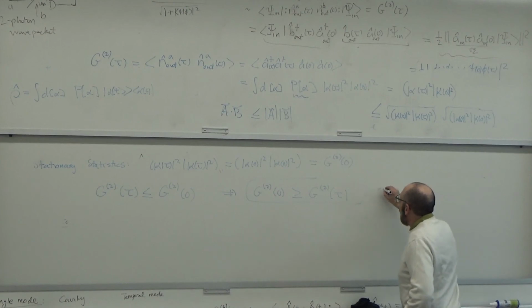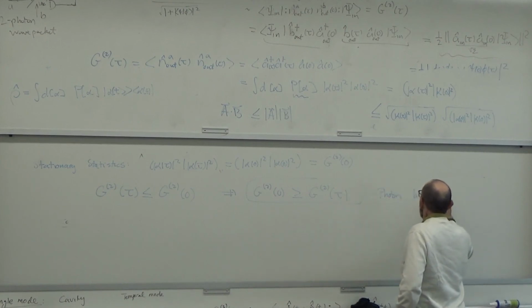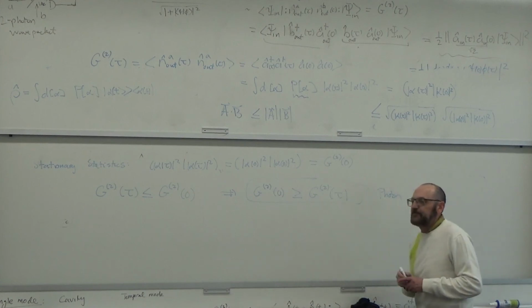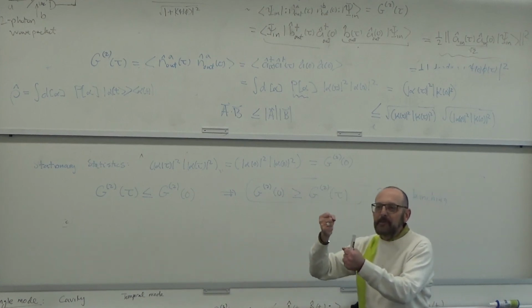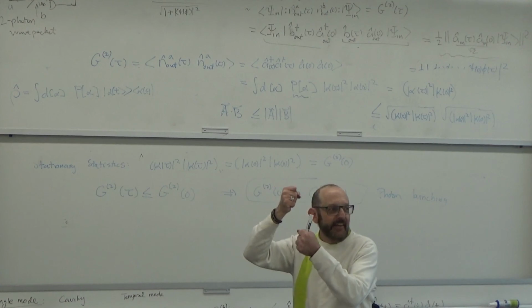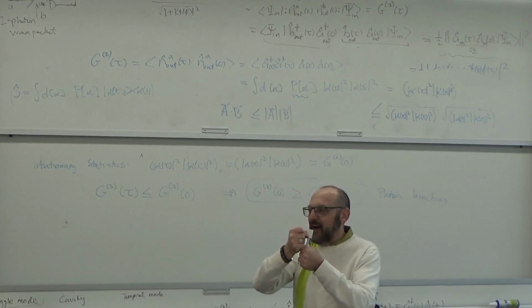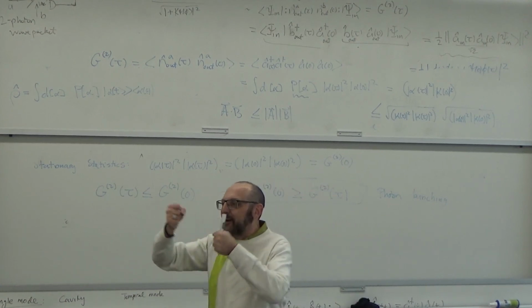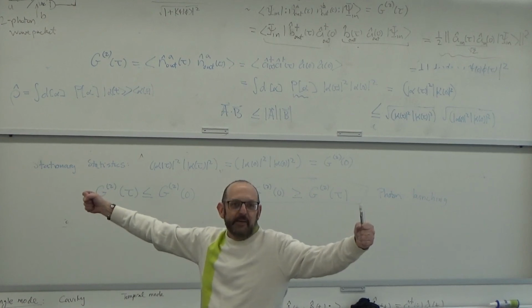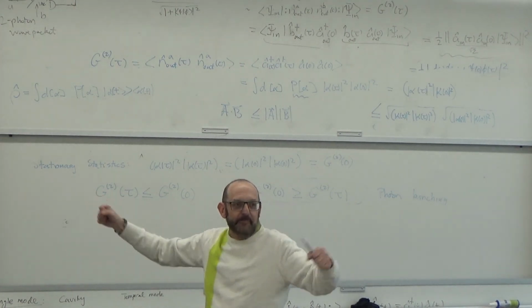This is what we call photon bunching. So if I have classical light, what it says is that the probability that I'm going to see two photons at the same time is always bigger than the rate at which I see them separated in time.